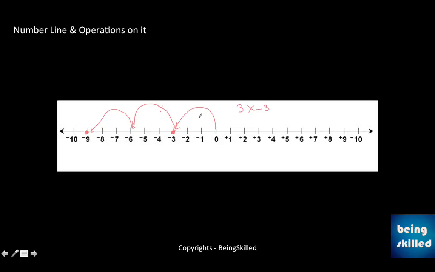So hop number 1, hop number 2, hop number 3, each are hops of minus 3. Or we can also see it like minus 3, minus 3, minus 3. So minus 3 minus 3 is minus 6, minus 6 minus 3 is minus 9. So this is how we multiply on number line.